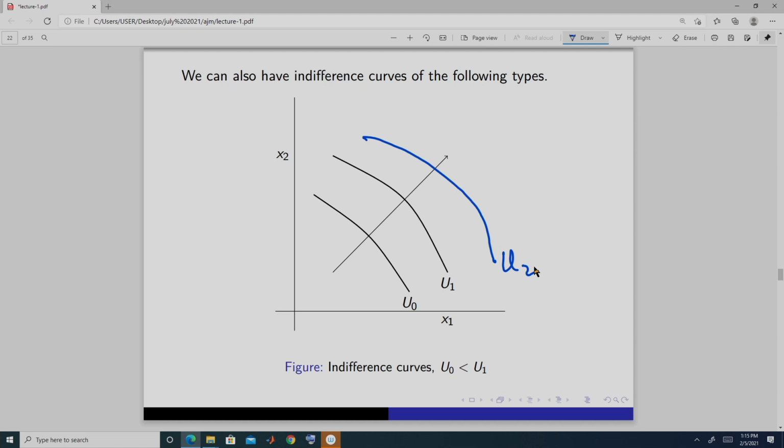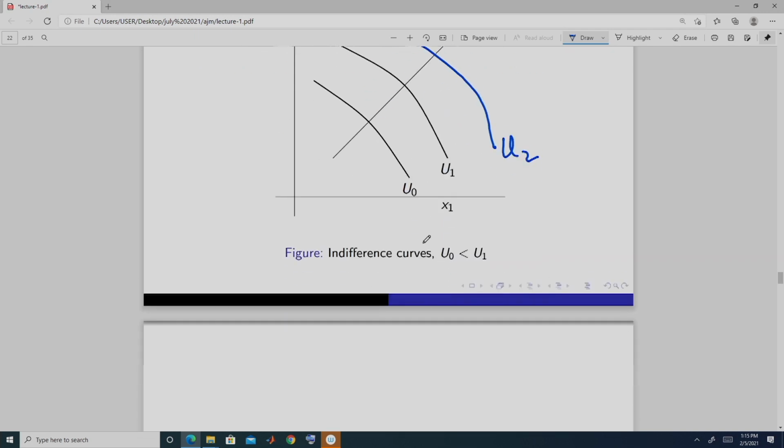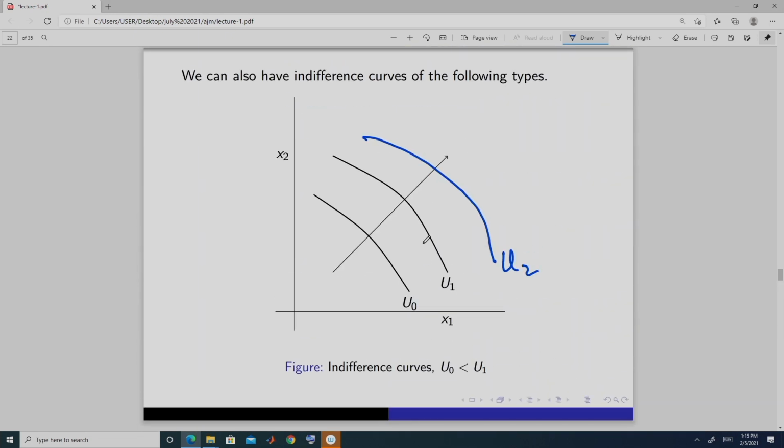We will see that when we actually derive the demand function, not now. But these are a specific form of utility function, and in this course we do not want this kind of indifference curves.